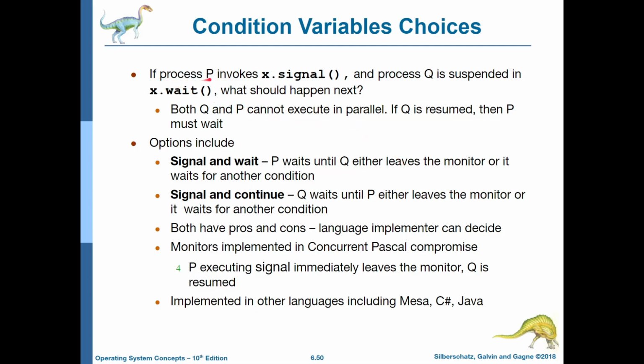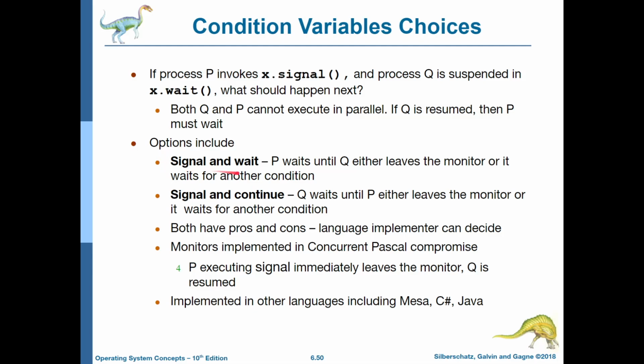So when it comes to condition variables, if process P invokes signal and process Q is suspended in wait, what should happen? Well, we know that Q and P cannot execute in parallel. If Q is resumed, then P must wait. So we have in this particular case a couple of options.